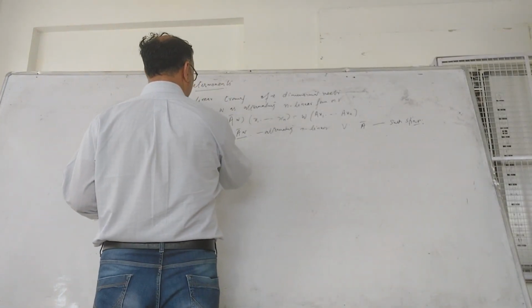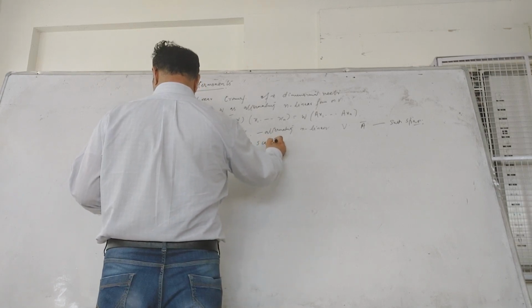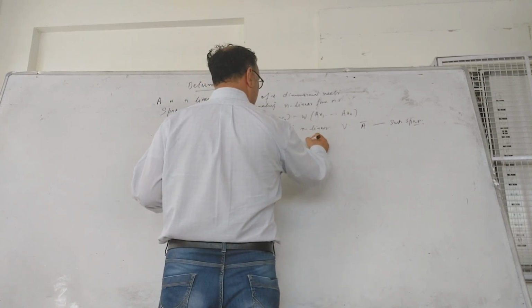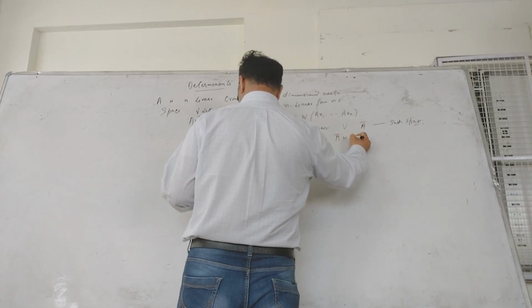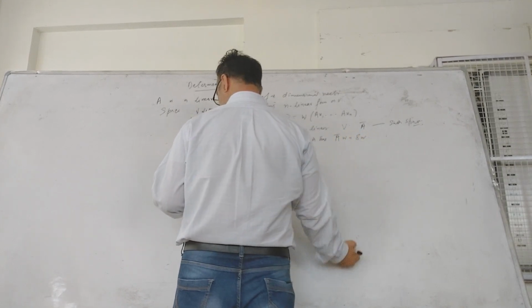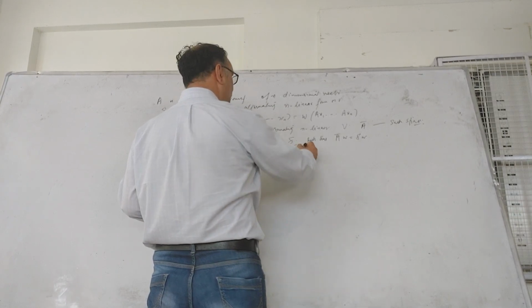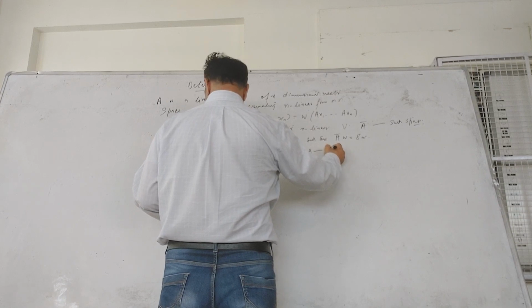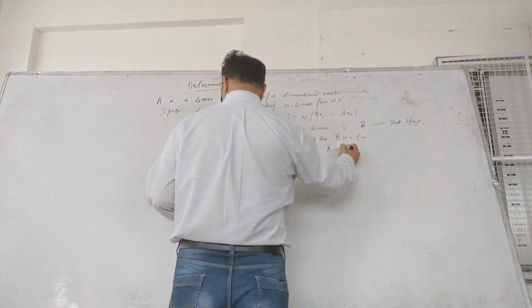So there exists a scalar delta such that A bar omega is delta omega. So A goes first to the space, then to the dual space, and then to delta.